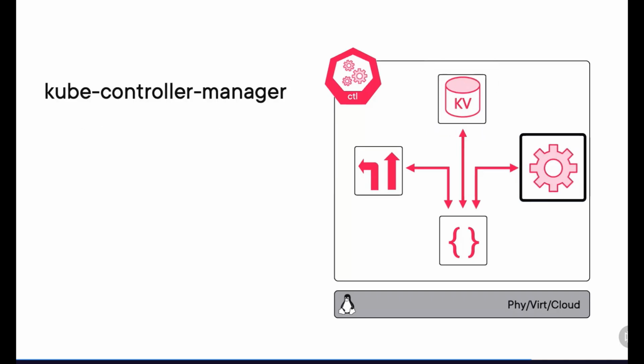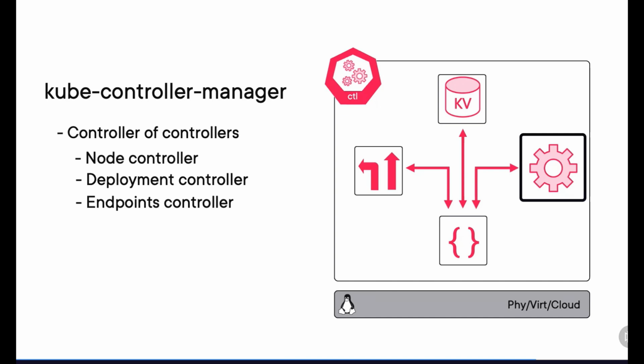All right, what next? Oh, yeah, the controller manager. So this is like a controller of controllers, if you will. Inside of this, we've got a bunch of smaller controllers that are each responsible for something different. So there's like a node controller in charge of nodes, a deployment controller in charge of deployments, an endpoints controller, a namespace controller. There's pretty much a controller for everything.